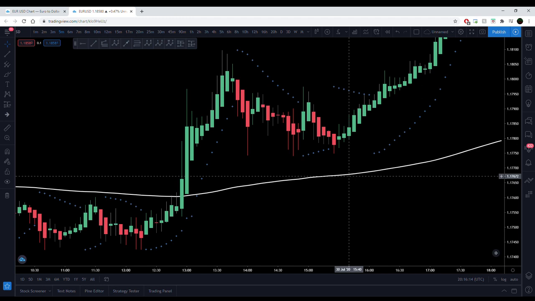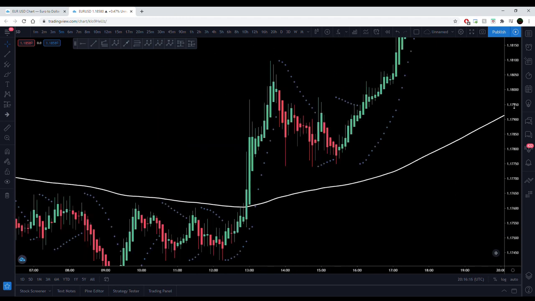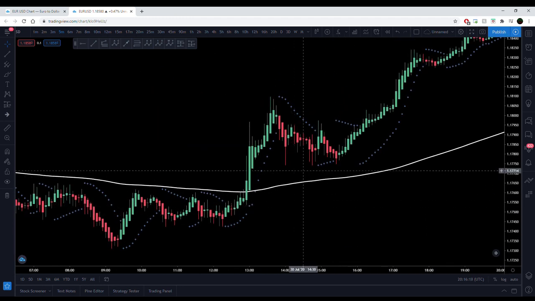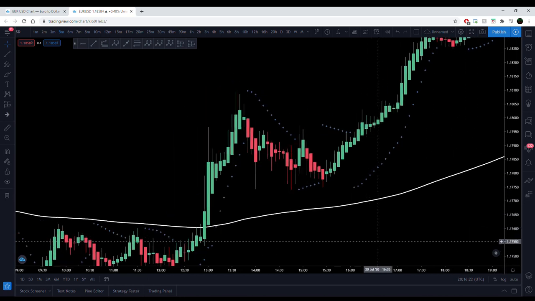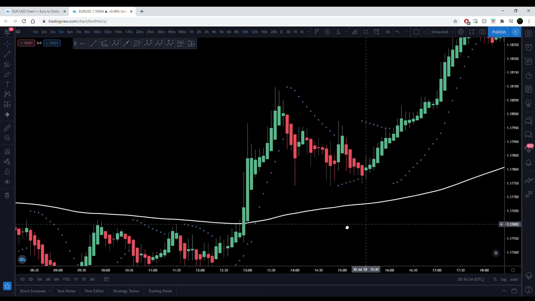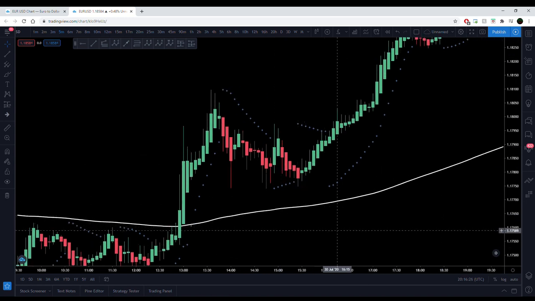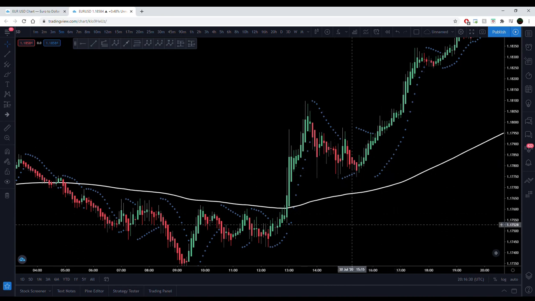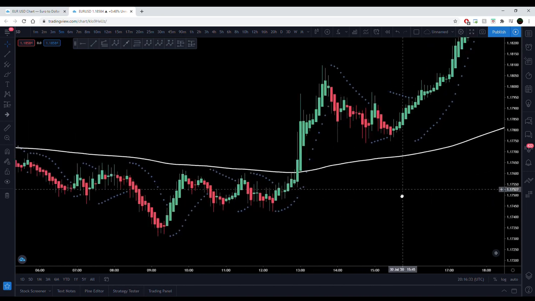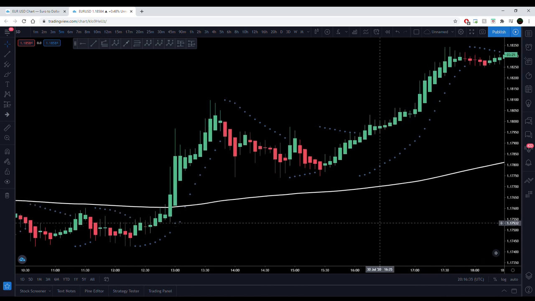And along with the 200 EMA is also another way to filter bad entries since you're going with the trend. So you have multiple ways to filter bad entries having the parabolic SAR and the 200 EMA. So a lot of the false signals that you may get using certain indicators on their own, this filters a lot of those bad entries out.